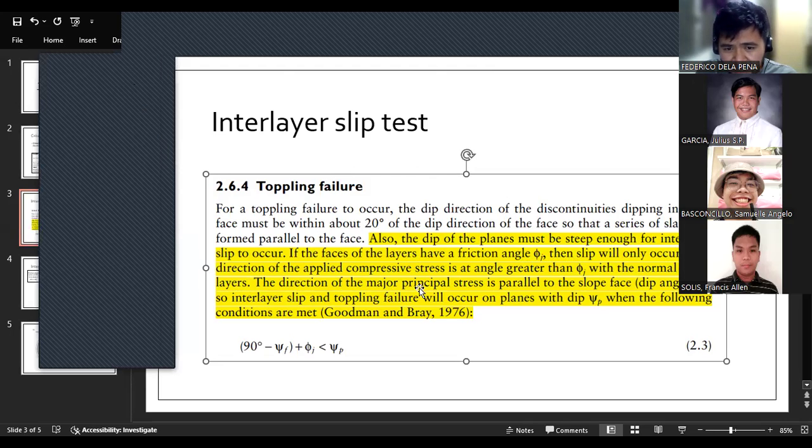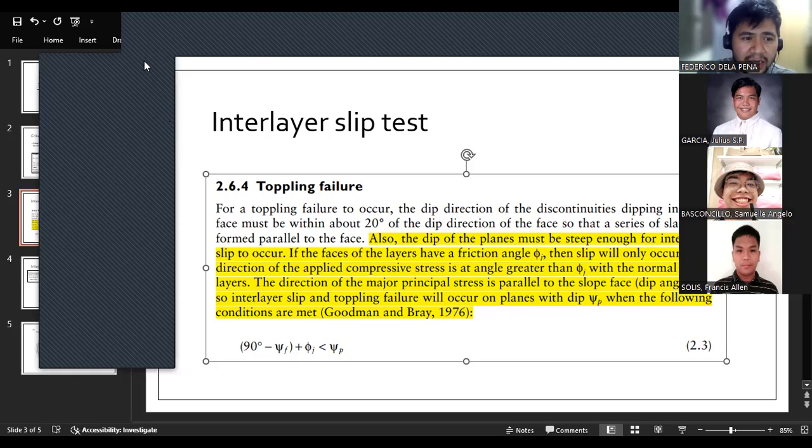The direction of the major principal stress is parallel to the slope face dip angle gamma f. So interlayer slip and toppling failure will occur on the planes with the dip gamma p when the following condition is met: 90 degrees minus gamma f plus theta j is less than gamma p.